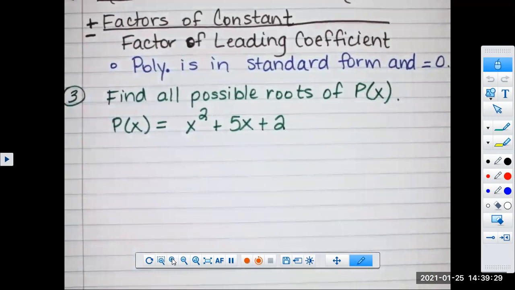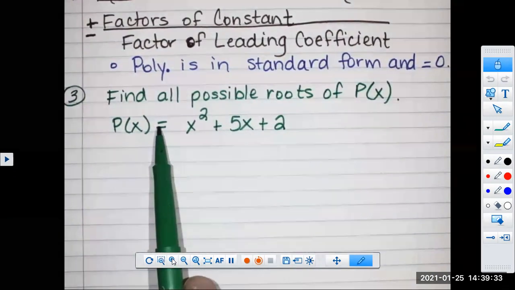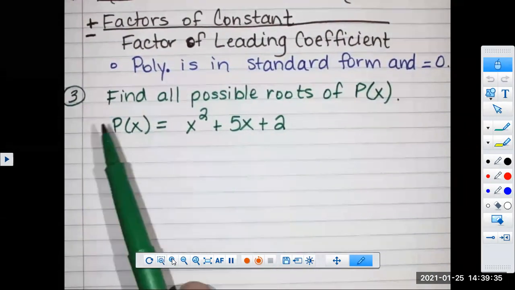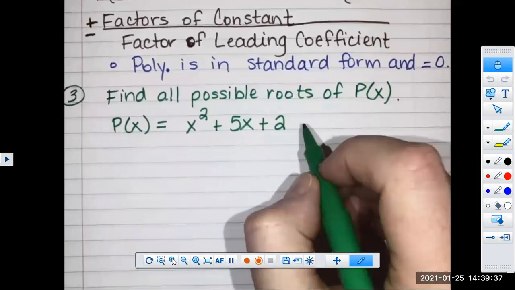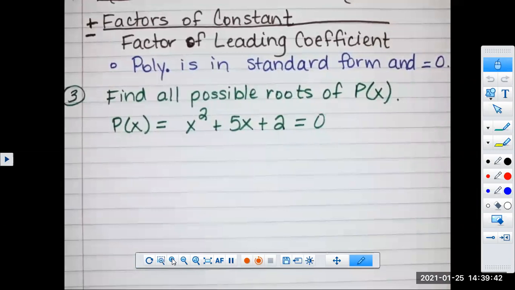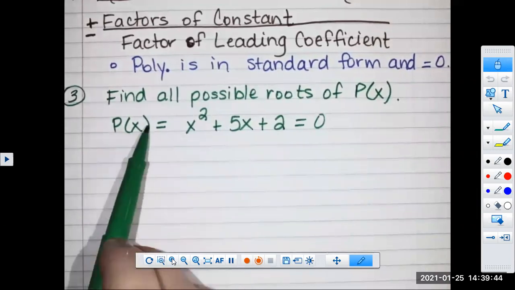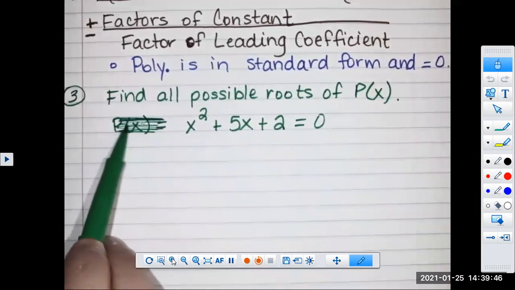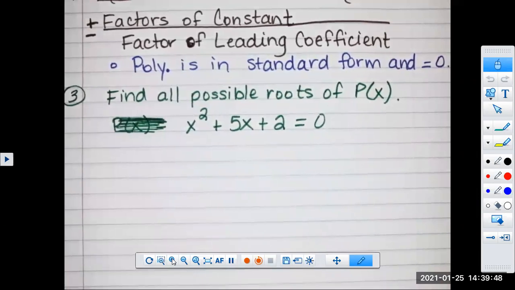So as long as your polynomial they give you is in standard form and everything is on one side of the equal sign from p of x, and it is, you can simply just set it equal to 0. Like if I set that equal to 0, then that's what I have. It's in standard form, it's set equal to 0, so I can find the possible roots that might work.